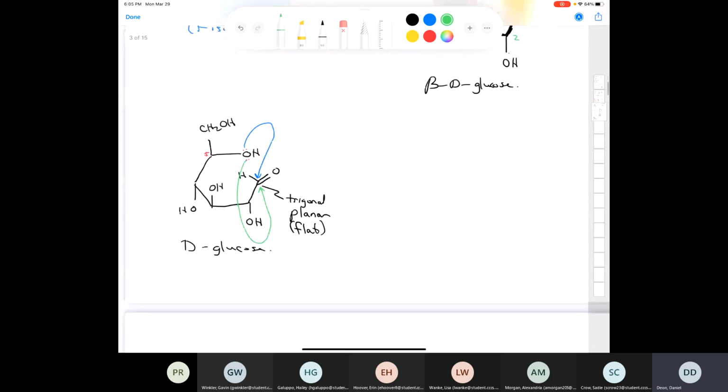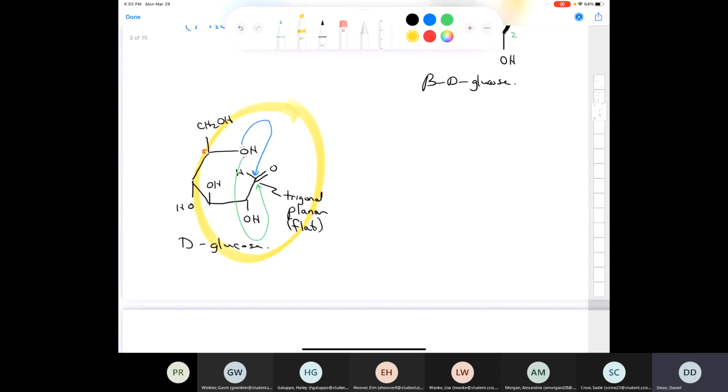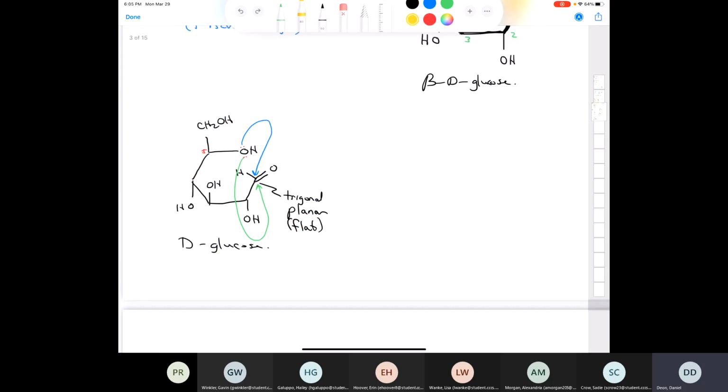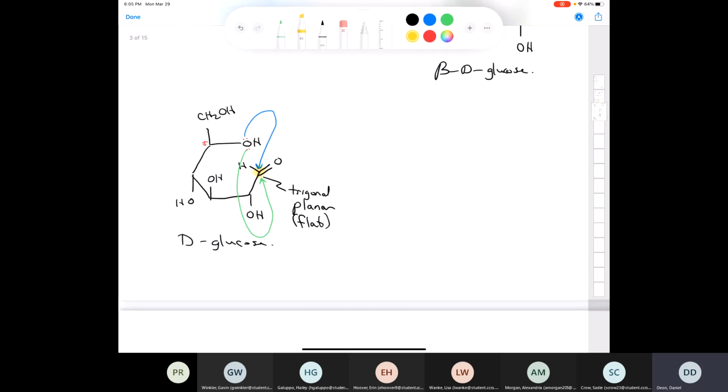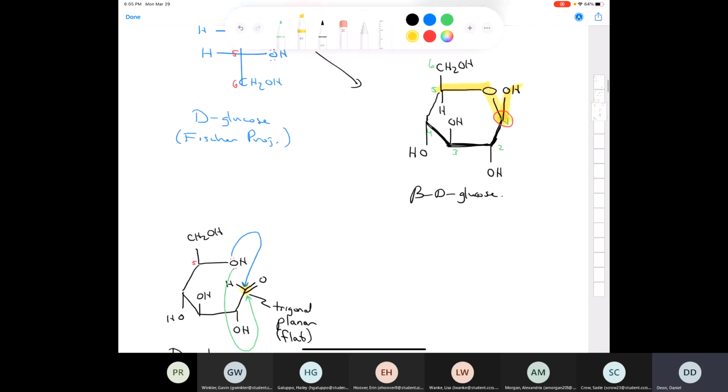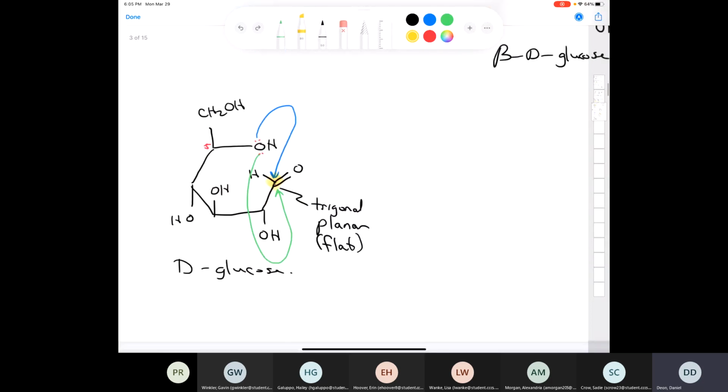Now, look, you guys, I'm not going to ask you to draw these arrows and give me a whole big dog and pony show about this. But I want you to understand that you're going from a carbon that is trigonal planar, totally flat, and then you're converting it into a carbon that is tetrahedral, right? These carbons are tetrahedral, the anomeric carbon, after it's formed, okay? And since the hydroxyl can form that bond coming from either face of the molecule, from either face of that aldehyde, you can end up with alpha and beta.